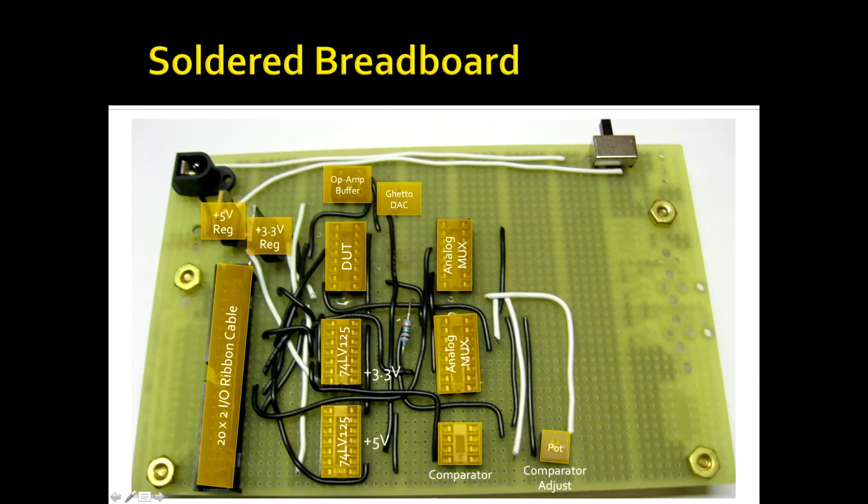I used this board for both voltage and clock glitching, and it has what I call a ghetto DAC, which is basically you provide a PWM, so a varying duty cycle signal of how much on time to off time, into a low pass filter, and the output of that low pass filter will be a steady 0 to 5 volt DC voltage based on the pulse width of the signal coming in. So it's just an easy way for a microcontroller or FPGA to send a PWM signal and end up getting a varying voltage, rather than having a real digital to analog chip that does that in its own way.